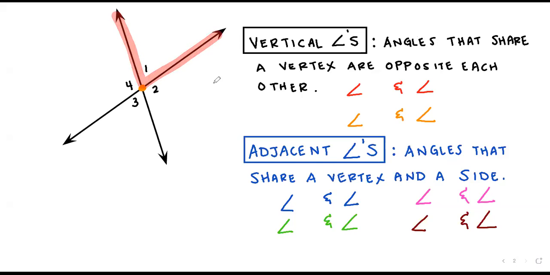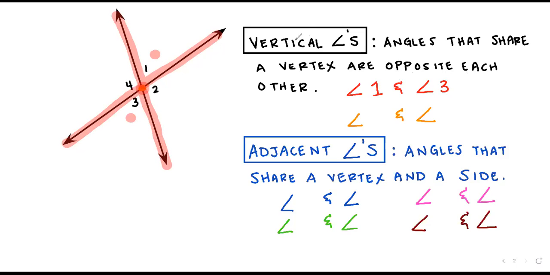So I have to look for an angle that's opposite and shares the same vertex. So if you look at this right here, angle 3 shares the same vertex. It's this dot right here. And then it's opposite each other. So that is what vertical angles are. So I know that angle 1 and angle 3 are vertical angles.